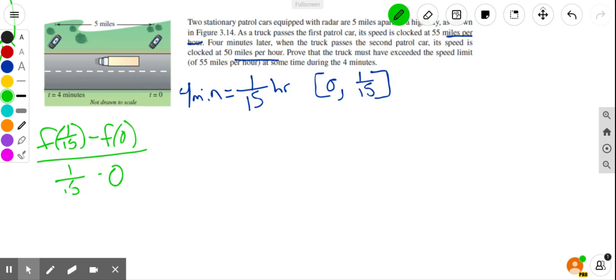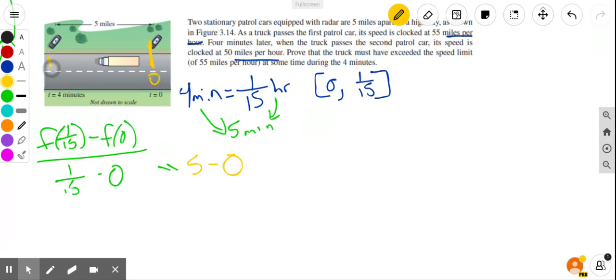So they told me that in 4 minutes it traveled 5 miles, which means that in 1/15 of an hour it traveled 5 miles. So that means I have 5 minus 0, because I'm assuming that right here it started at a 0 position.